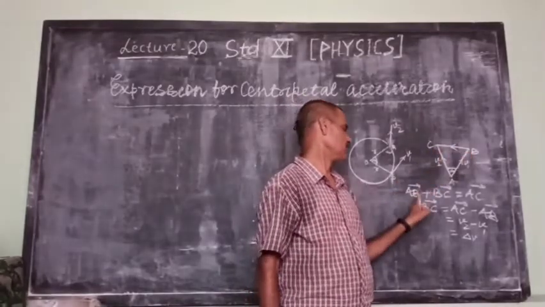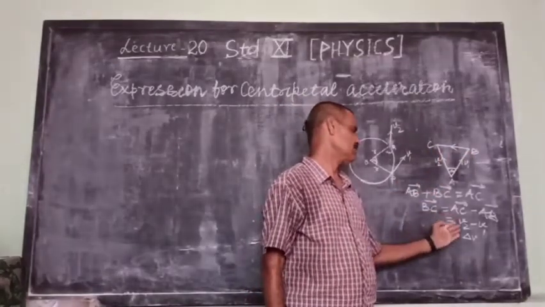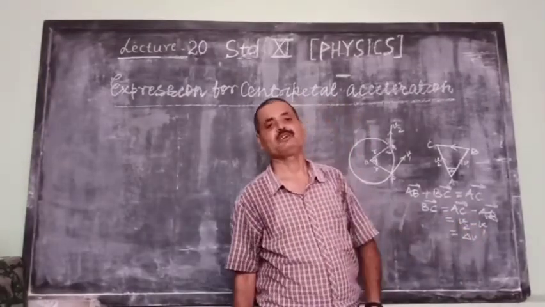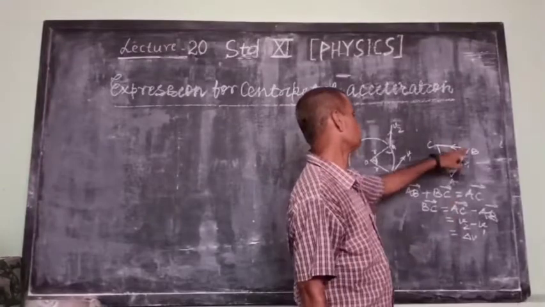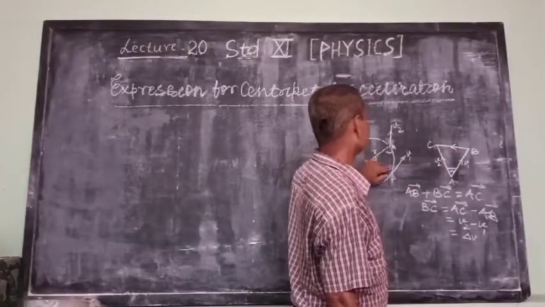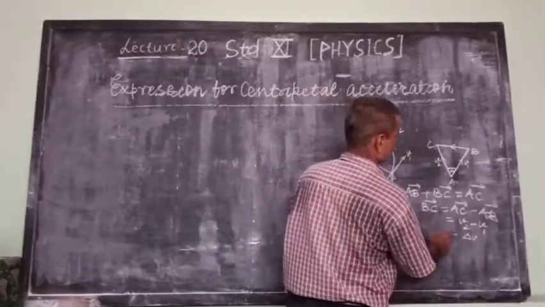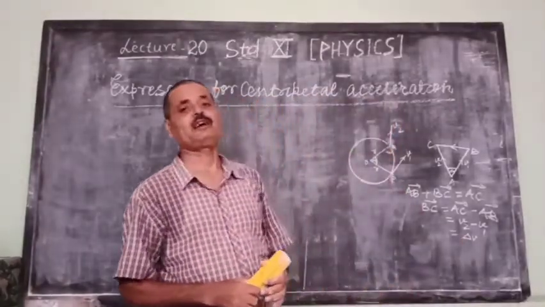So BC can be calculated, that is V2 minus V1, which is the change in velocity. So BC means when the particle reaches from P to Q. Okay. So this BC is equal to delta V.